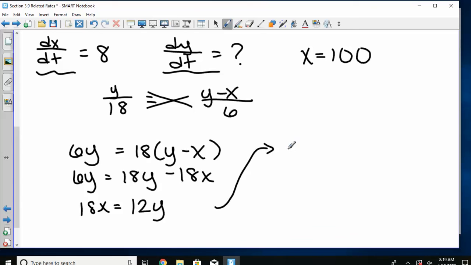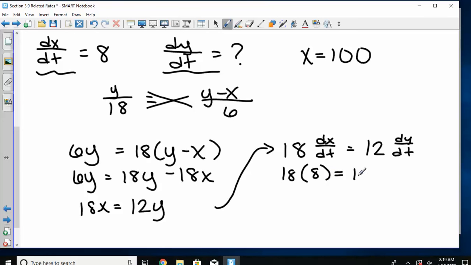Derivative of 18x would become 18 dx dt. Derivative of 12y would be 12 dy dt. So if we plug in, dx dt is 8, and we divide by 12.